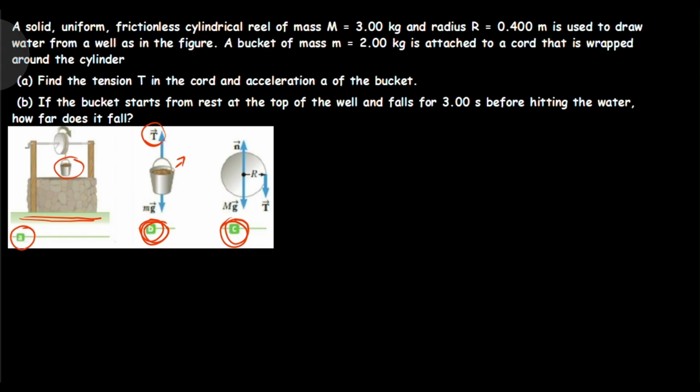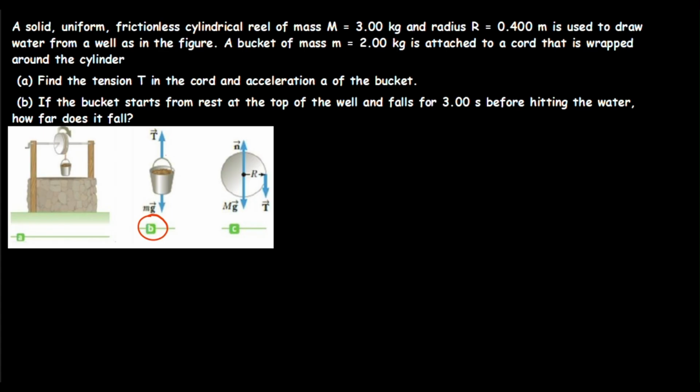Okay, now let's look at how we solve this type of question. Go to the free body diagram, which is B here. How many forces are acting upon this bucket?